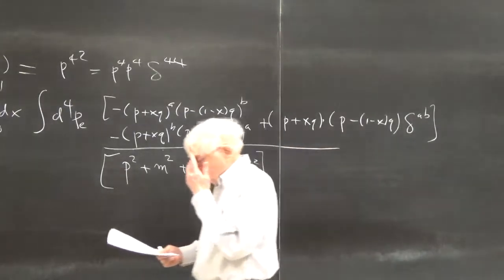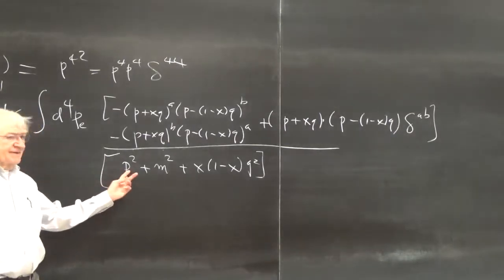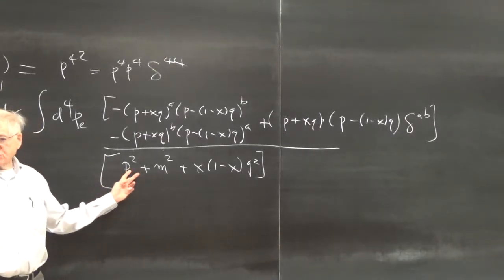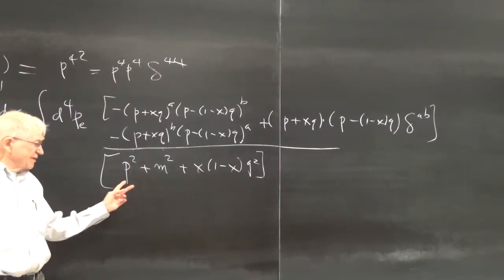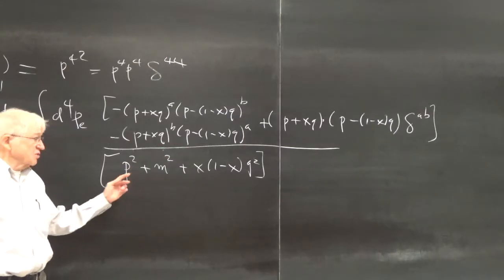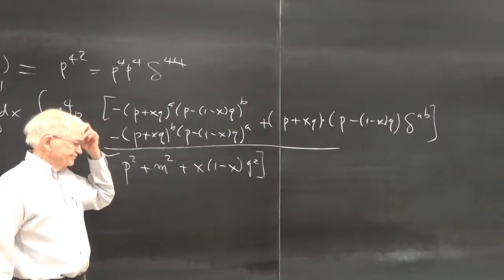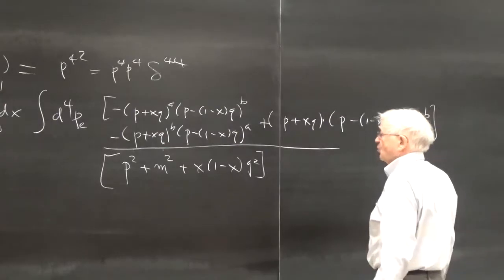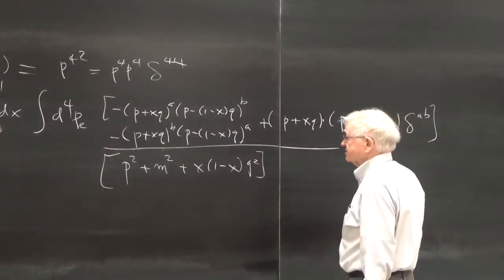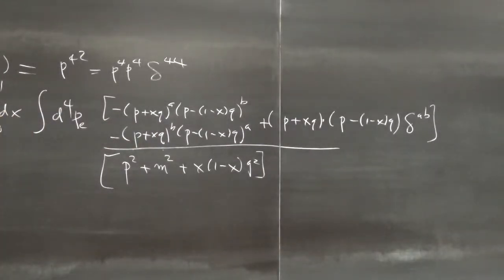The idea, of course, is that we've got a denominator in which p is rotationally symmetric. This has O(4) symmetry. It's just p1 squared plus p2 squared plus p3 squared plus p4 squared. And up here, these p's are all just real.